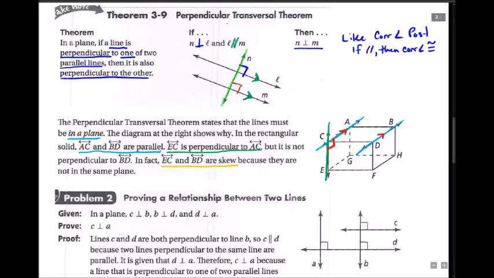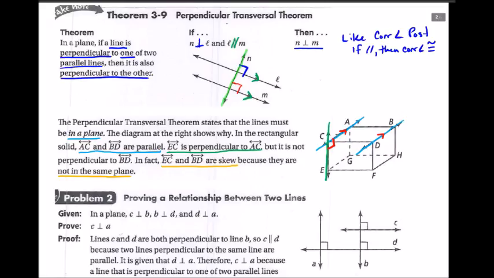Remember what skew is? Non-coplanar, they do not intersect, and they are not parallel, because they are not in the same plane. So our perpendicular transversals theorem only works if everybody is in the same plane. So be careful of that.